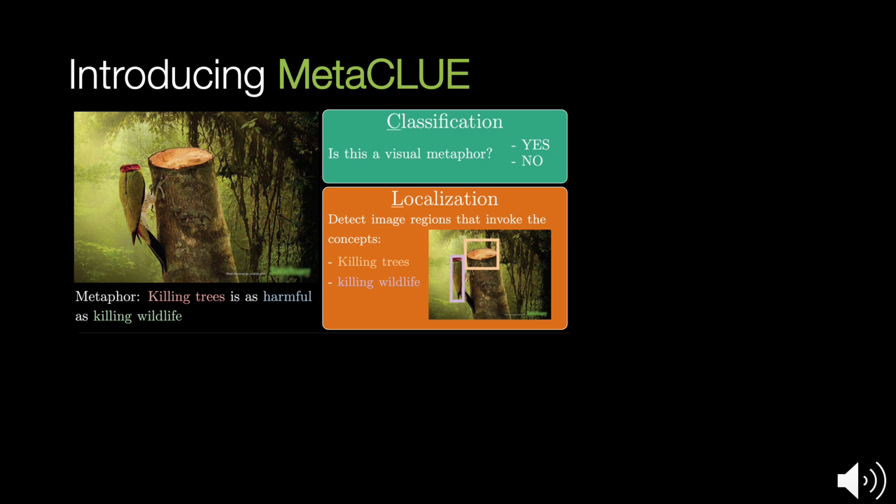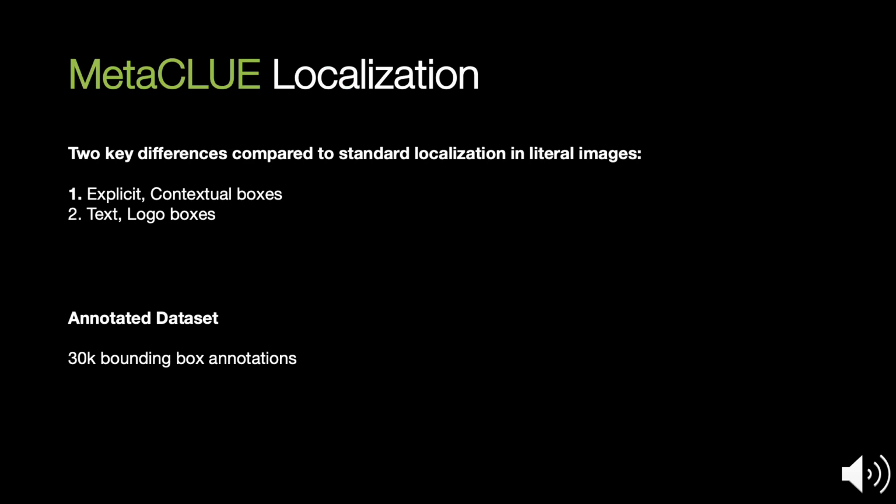Next, we introduce localization task, where the goal is to localize the image regions that invoke either the primary or secondary concept in the viewer. There are 2 key differences compared to standard localization in literal images. A given concept can be present in the image either explicitly or in a contextual manner. In multimodal metaphors, a concept can be invoked by other modalities such as text or logo.